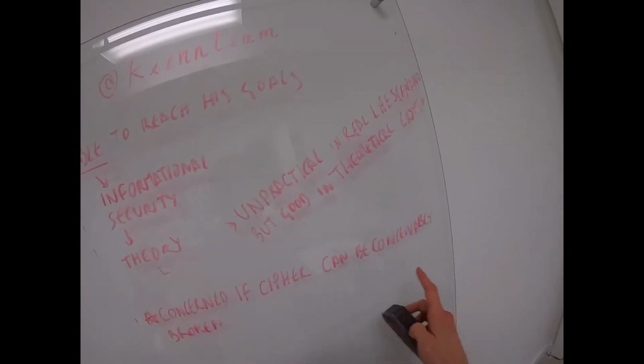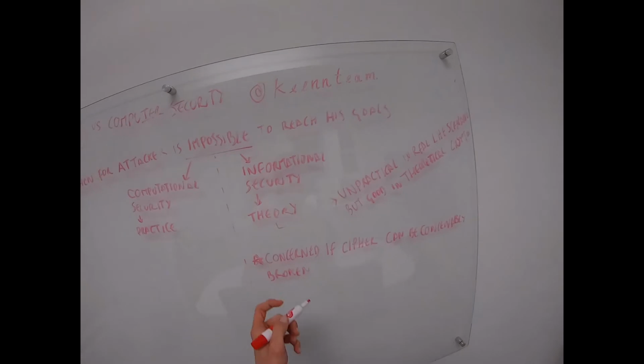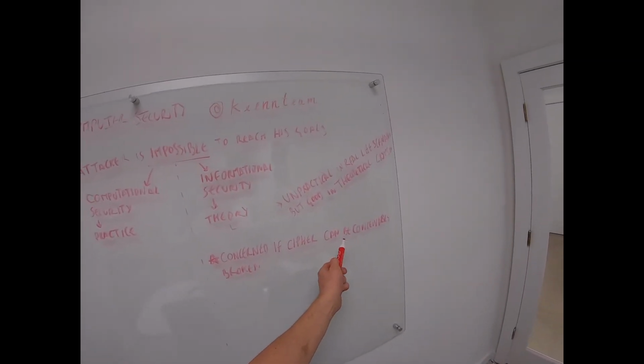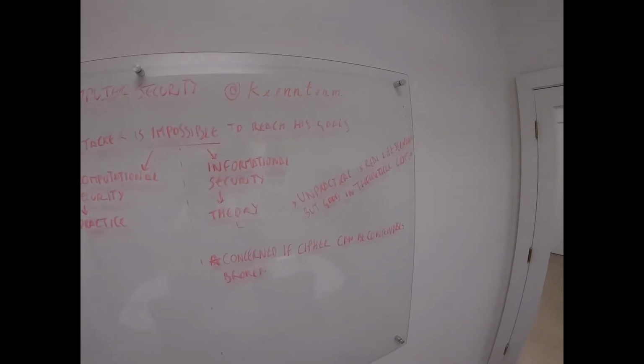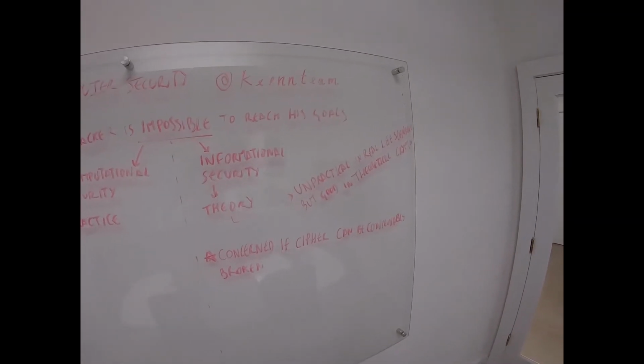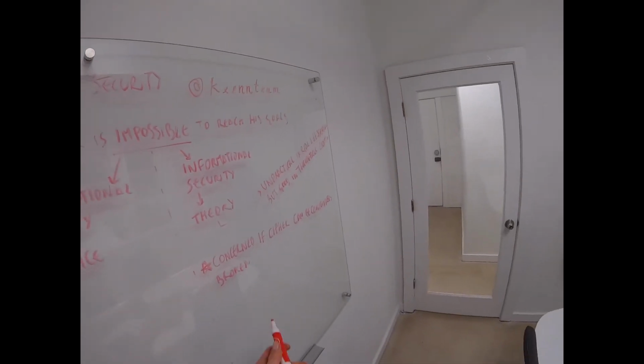Broken. Did I mix up a few words and it doesn't make sense? Well, what I mean is that if it can be remotely broken, right? If it can be broken at all, it doesn't matter if it's hard or easy.